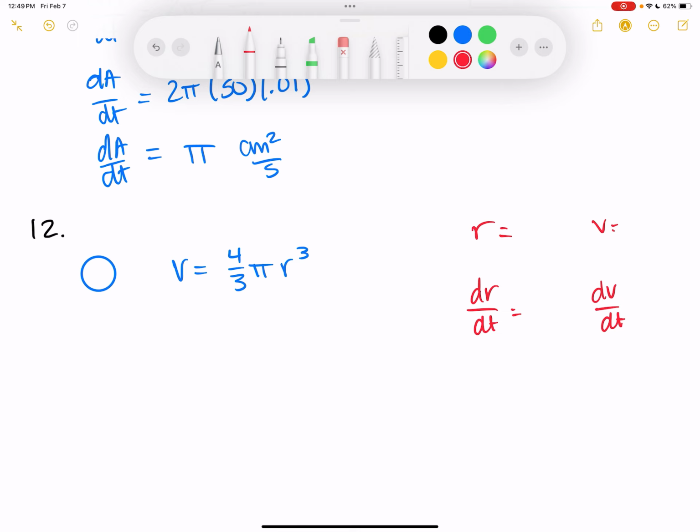They literally don't give us any numbers, so we're just going to roll at this point.